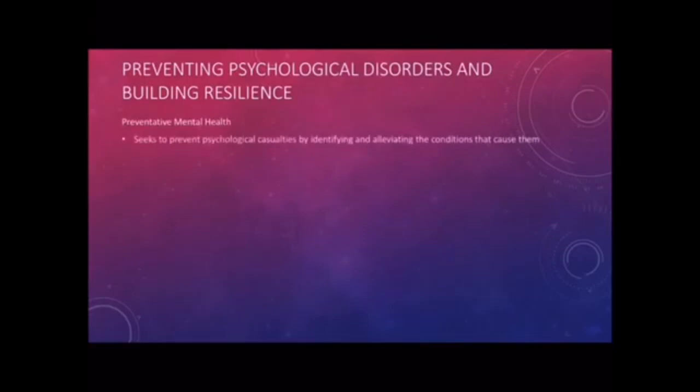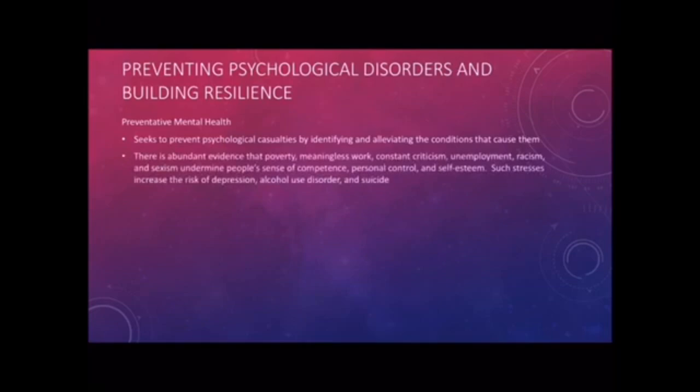Okay, last part. So preventative mental health, just like the word says, prevent. We're trying to prevent someone from falling into mental illness. And so it tries to prevent psychological disorders or casualties by identifying and alleviating the conditions that cause them and sort of getting rid of those causes so that we don't see the effect of having a psychological disorder.